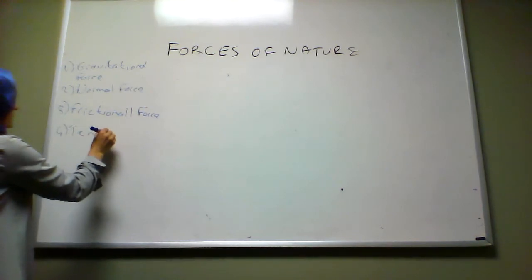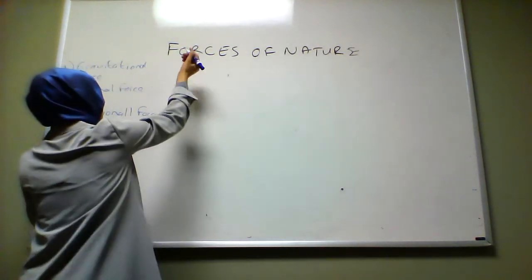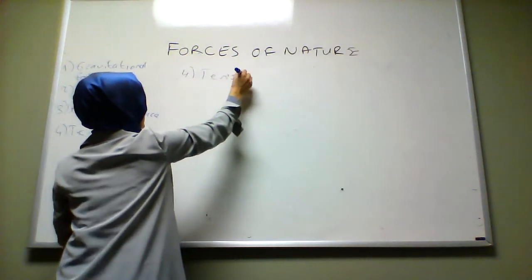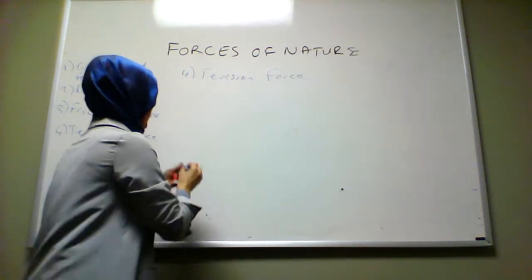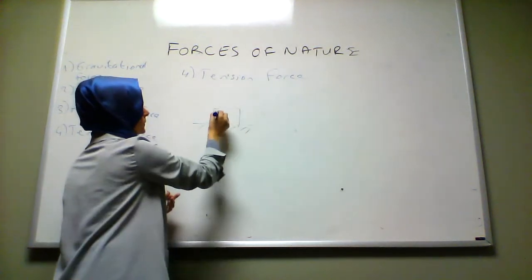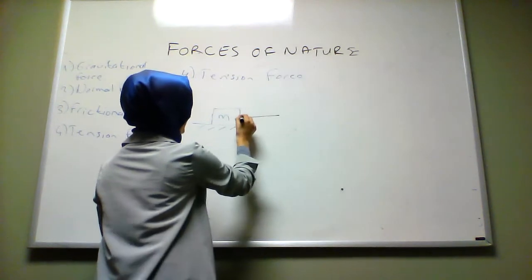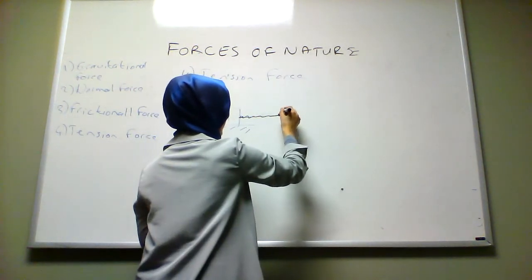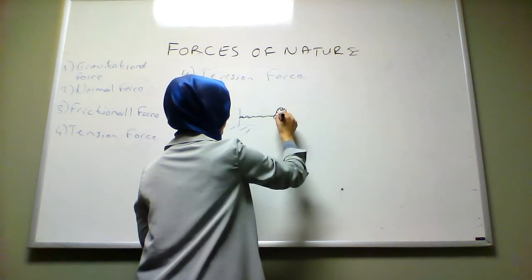So the fourth force that we will be interested in here is tension force. Force of tension or tension force. If there's an object we're pulling, let's say, with a rope, and we hold it with a hand. Oh, I can't draw a hand, but let me try.